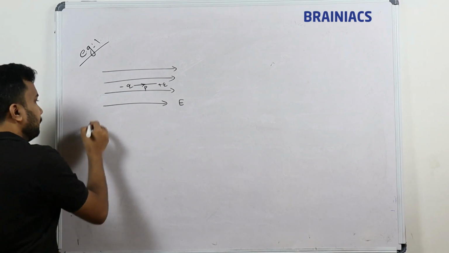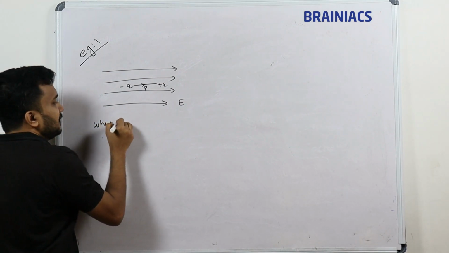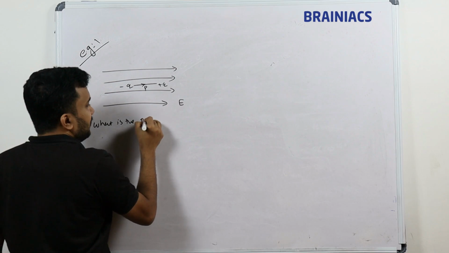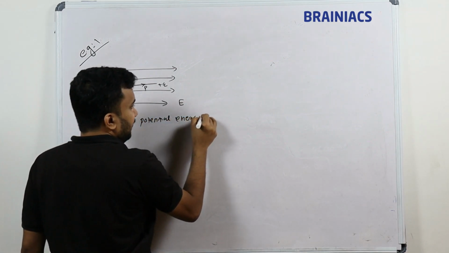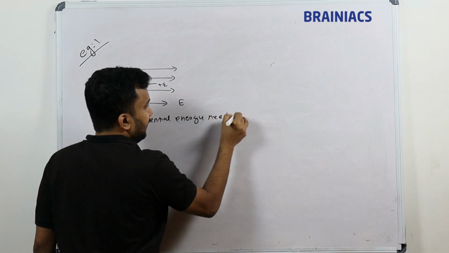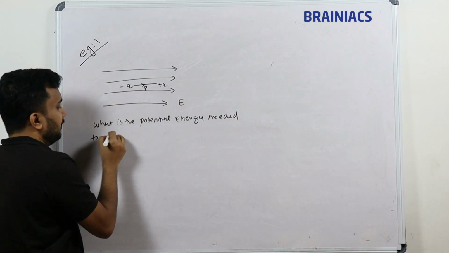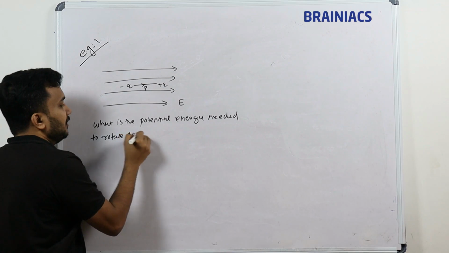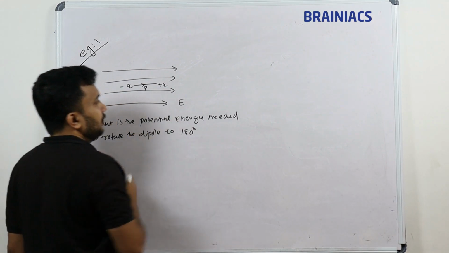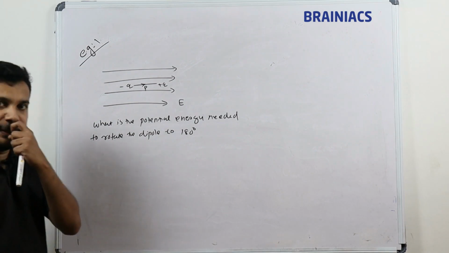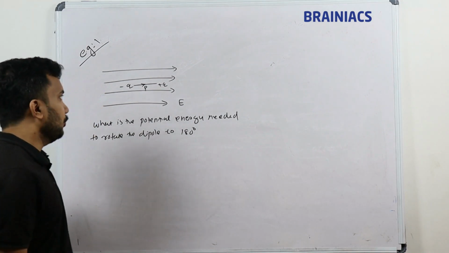So the question is, what is the potential energy needed to rotate the dipole by 180 degrees?